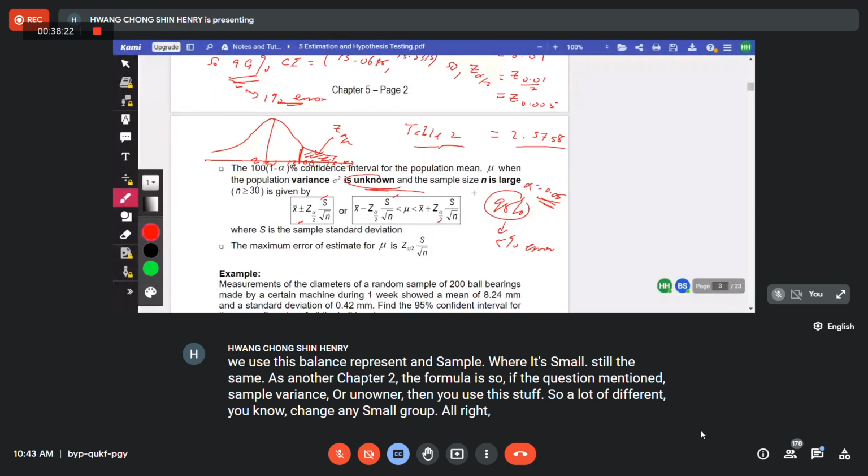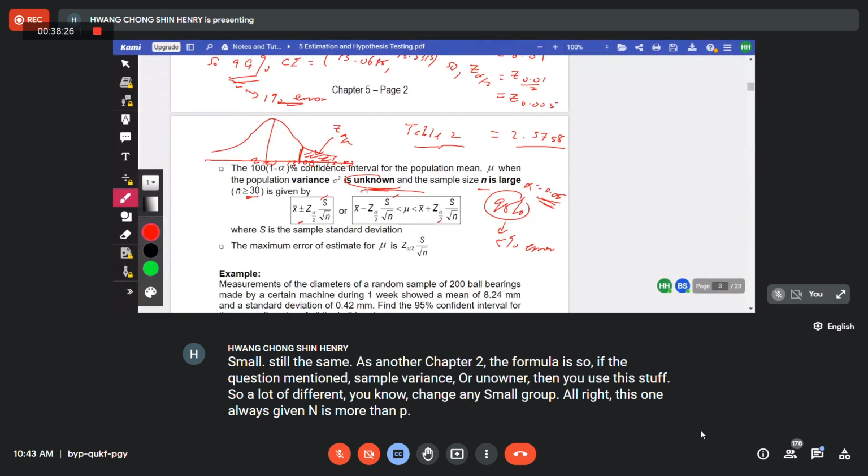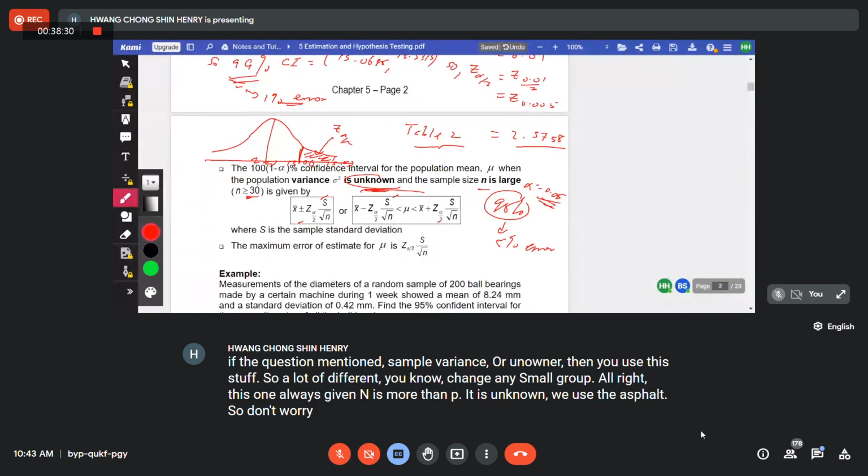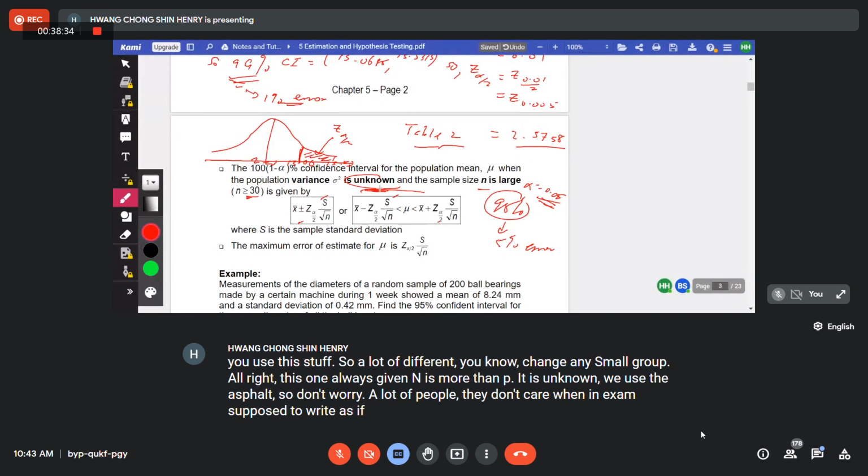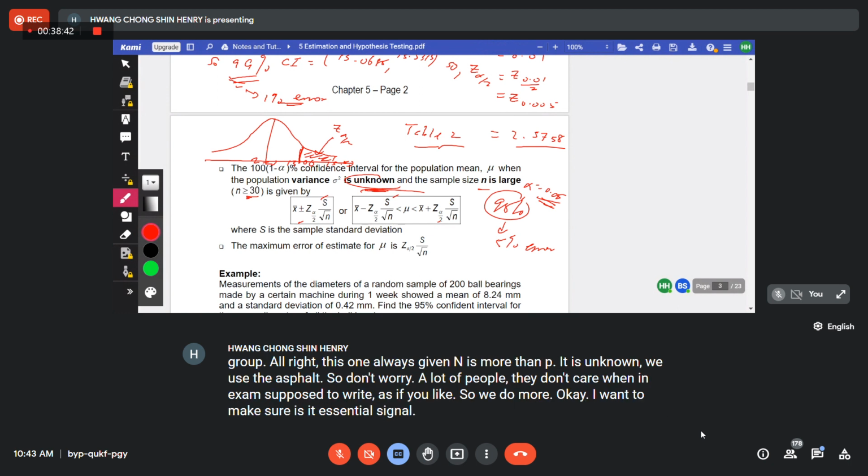This one is always given if n is more than 30. If it's unknown, we use S. So don't worry. A lot of people don't care in the exam. They're supposed to write S, but they still write sigma, because by the time they make sure whether it's S or sigma, already 5 minutes over.